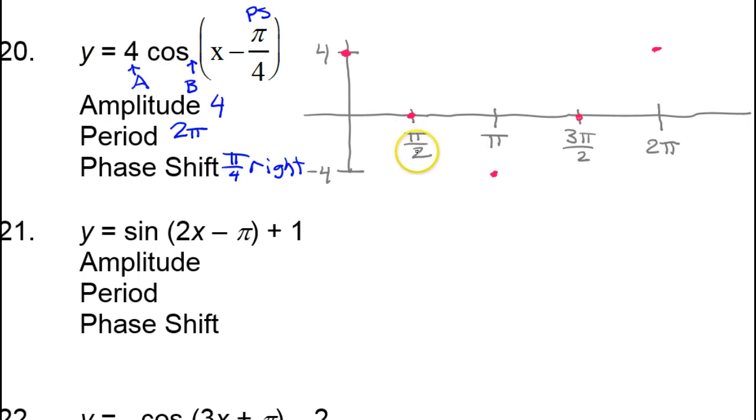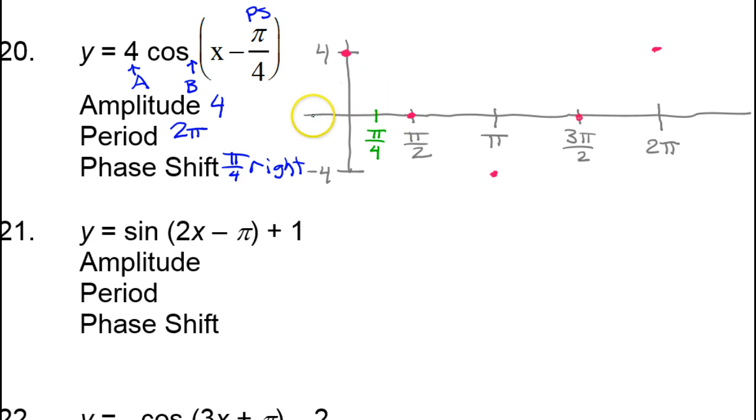Now, half of pi over 2 is pi over 4. So if I were to put a mark right here, hopefully you can understand that this would be pi over 4 right here. So pi over 4 is half of these marks.